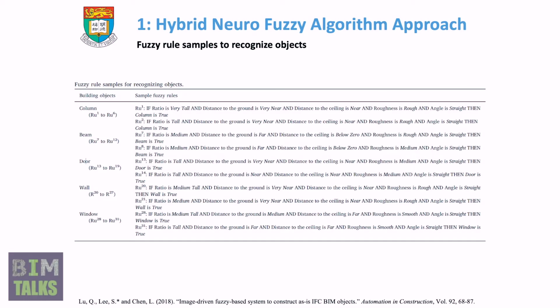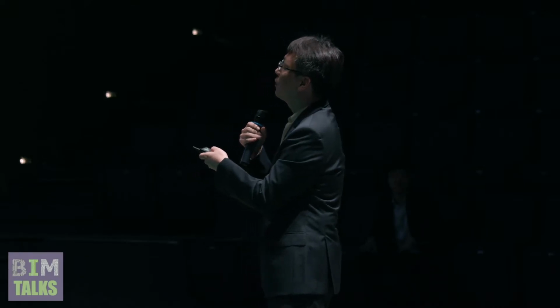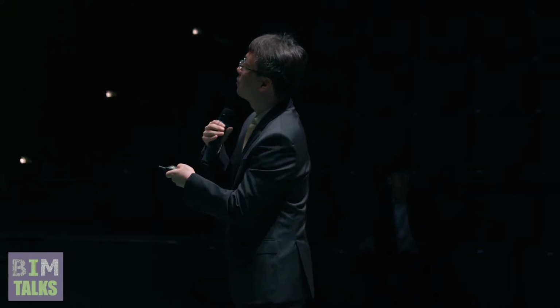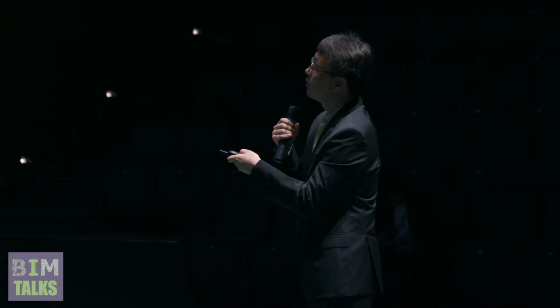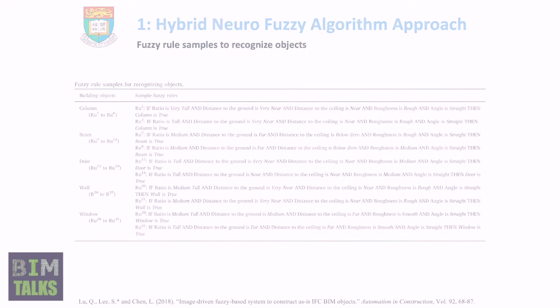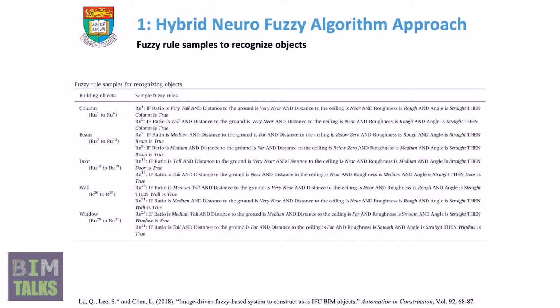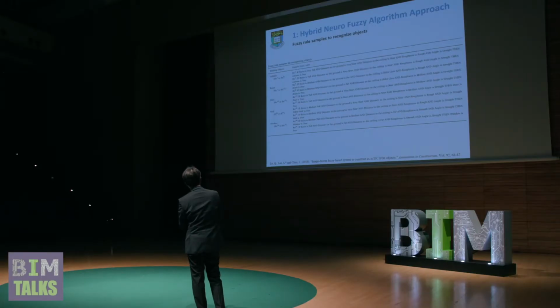So for the column, for instance, it should be tall or very tall, and then near to the ground distance, and then near to the ceiling distance, and then it should be straight. If all of these requirements are satisfied, the image has a column object. And for beams, another rule set, doors, another rule set, etc.